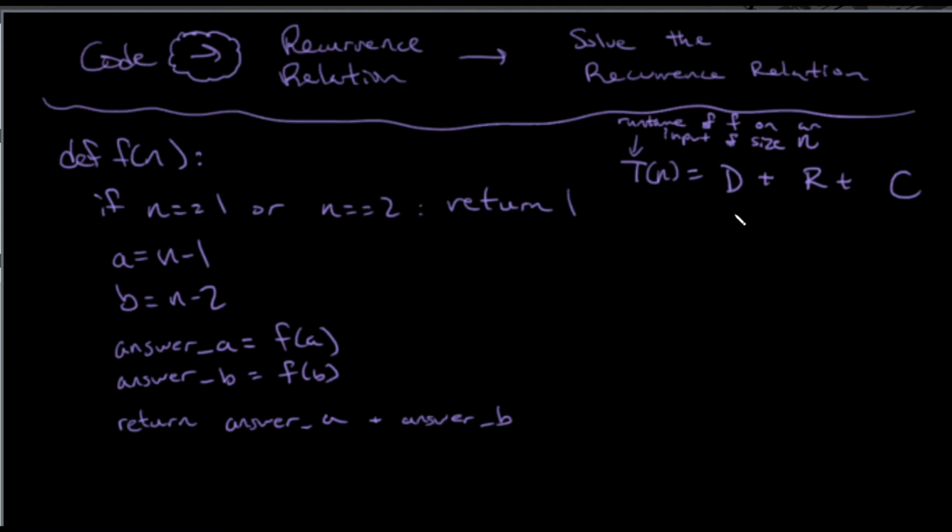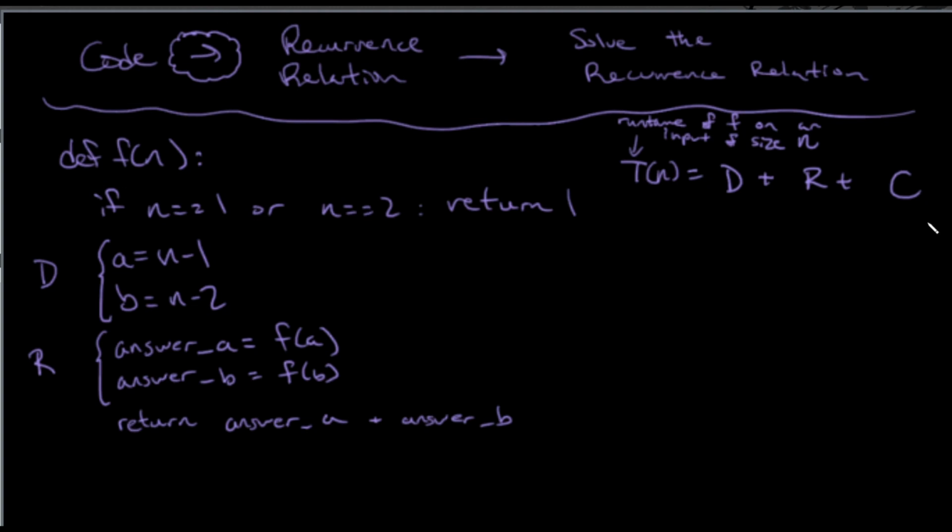And so the time to divide here, or the time to split up our input, is going to be right here. That's d right here. We find n minus 1 and we find n minus 2. The time to recurse, or the time to solve the Fibonacci problem on smaller inputs, is going to be these two lines right here.